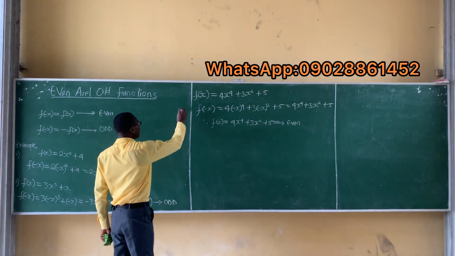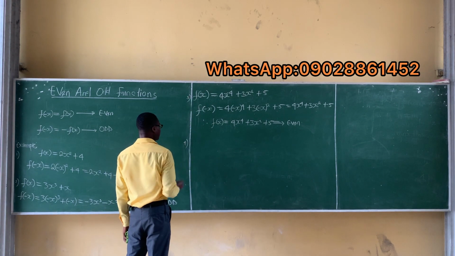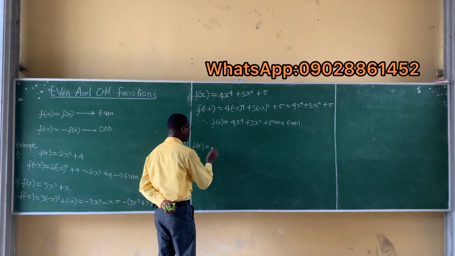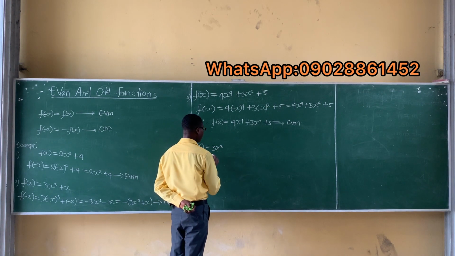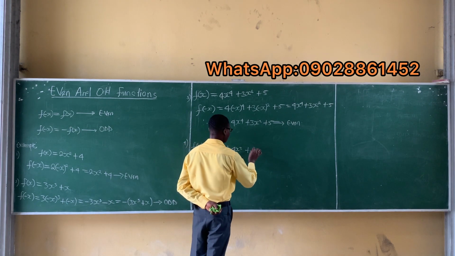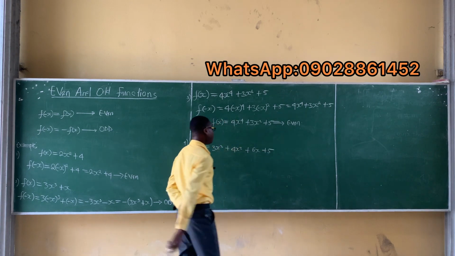All right, so let's take another example. The fourth example there is if we have f of x equal to, let's say, 3x cubed plus 4x squared plus 6x plus 5.